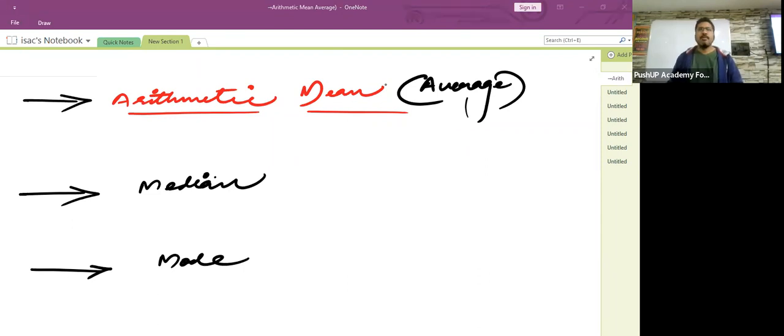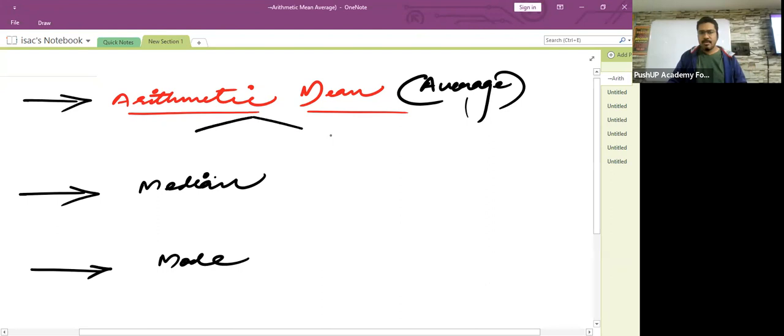Now, when you are dealing with arithmetic mean or average, children, in the question paper they may use the term arithmetic mean, or at times they may also use the term average. Don't get confused, it's the same thing. For finding arithmetic mean, there are two separate categories, children.